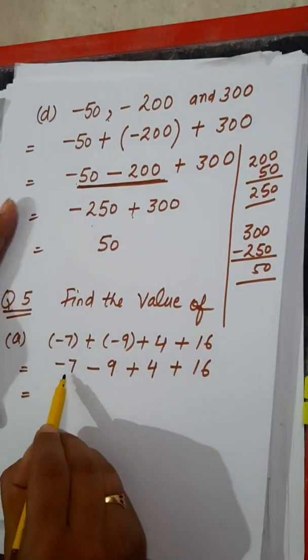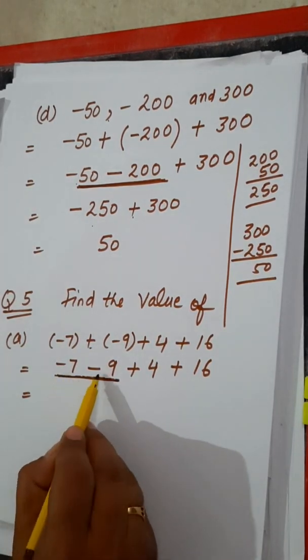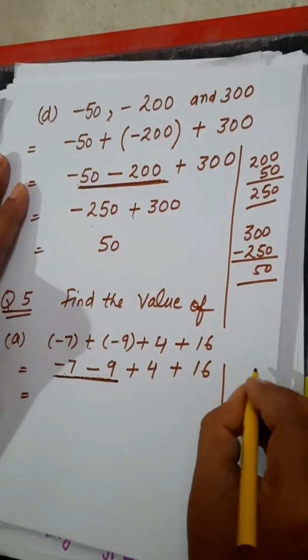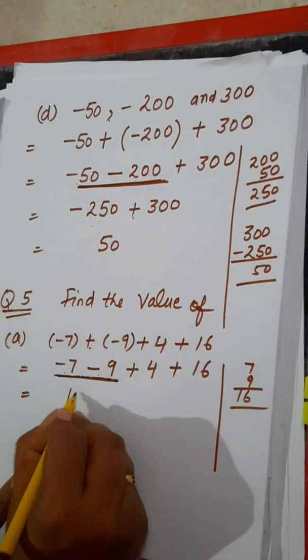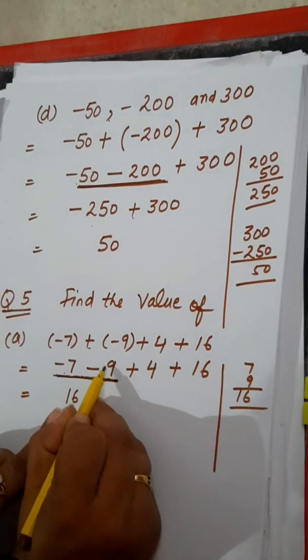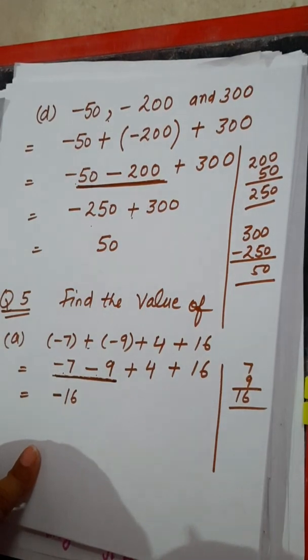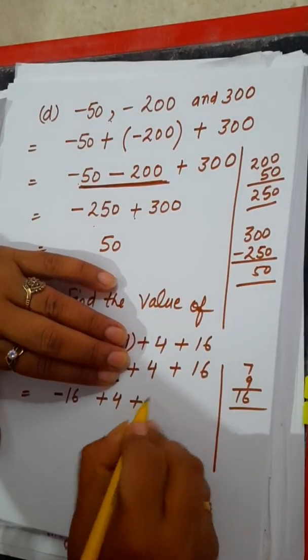In this, firstly I will solve these two values first. Both have the same sign, minus, minus. Whenever you have the same sign, add it. So here I will get 16, but 9 has the greater numerical value, which has the negative sign, so I will put a negative in front of 16 and copy down this plus 4 and plus 16 as it is.